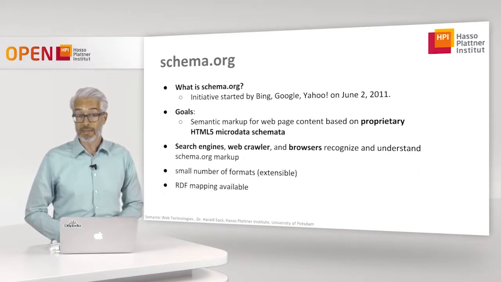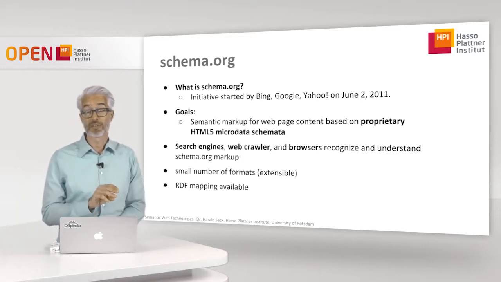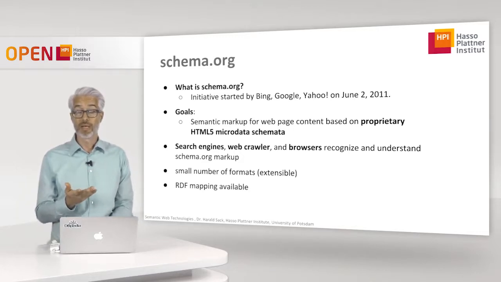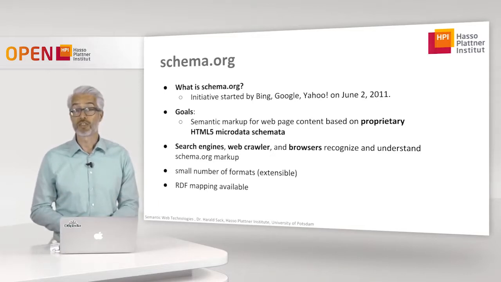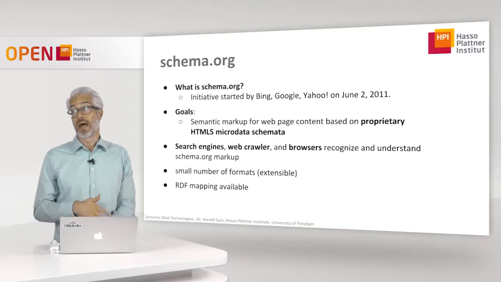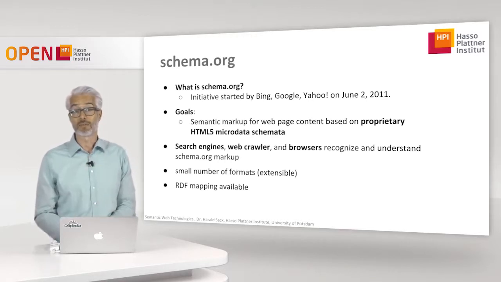And the nice thing is, of course, search engines as well as web crawlers and browsers can recognize this HTML5 microdata. They can understand the markup, and of course, then they can act upon the results they achieve from that markup. So they provoke some reactions, and you can do more sophisticated things than otherwise if you only had to interpret the text that is given in a document.